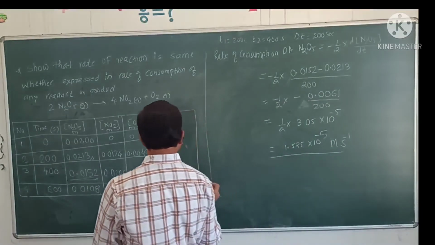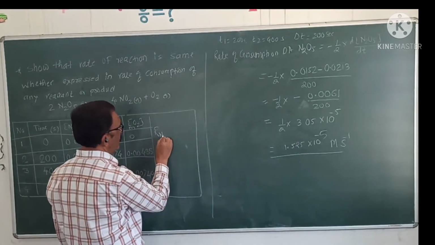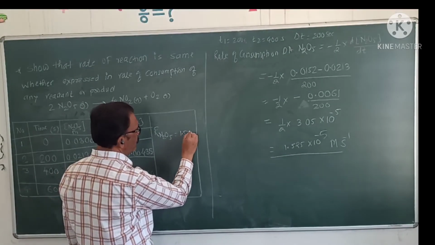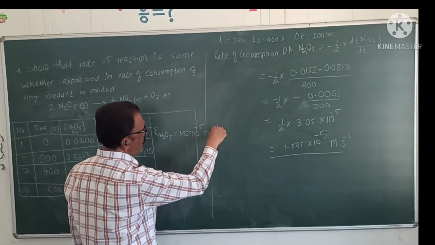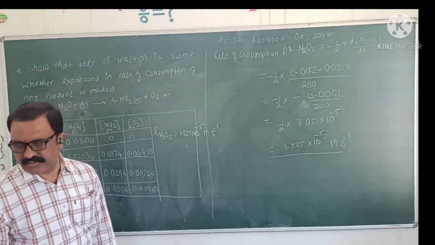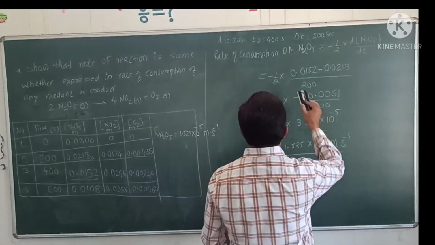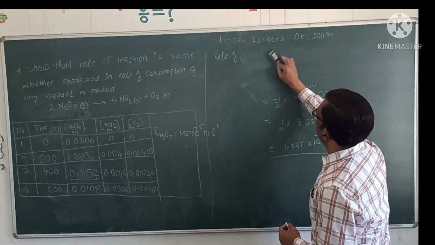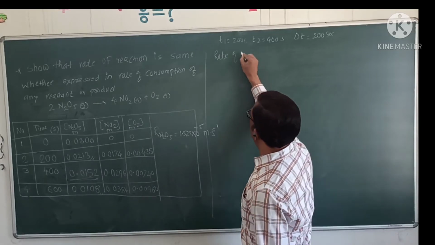We can write this rate of consumption of N2O5 is equal to 1.525 into 10 raised to minus 5 moles per second. We can calculate these values, that is the rate of consumption. Instead of the rate of consumption, we can also calculate the rate of formation.